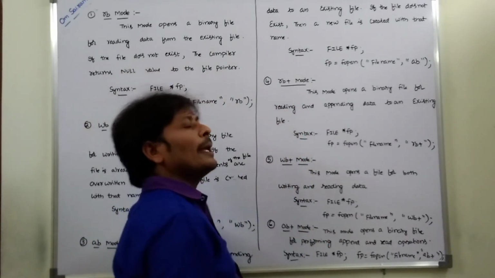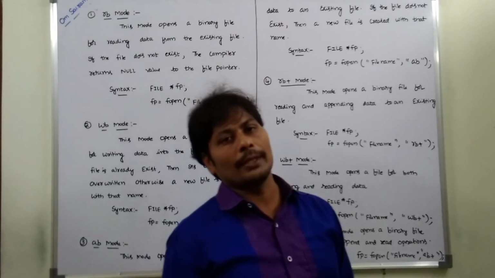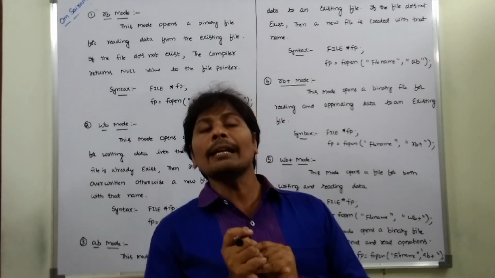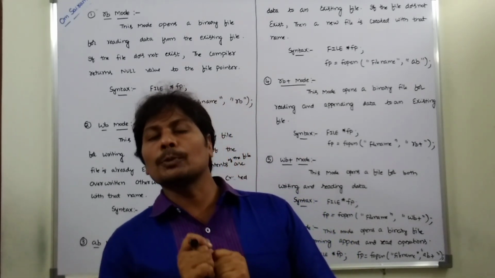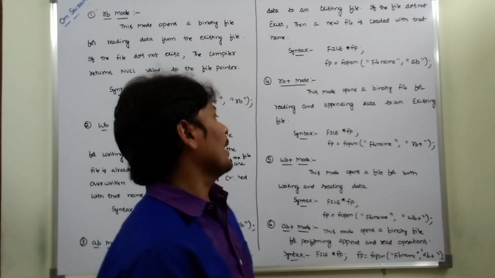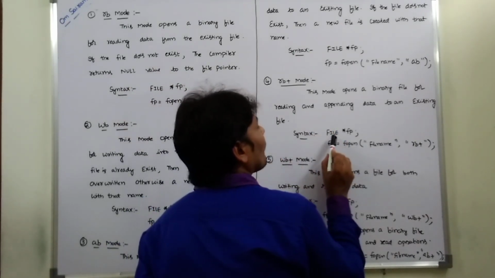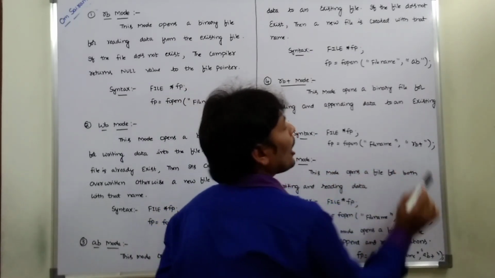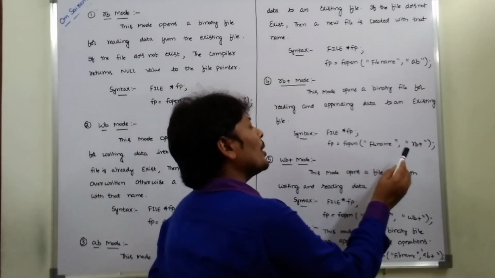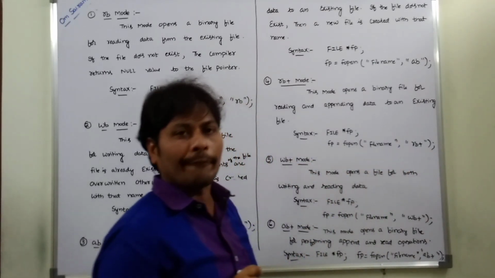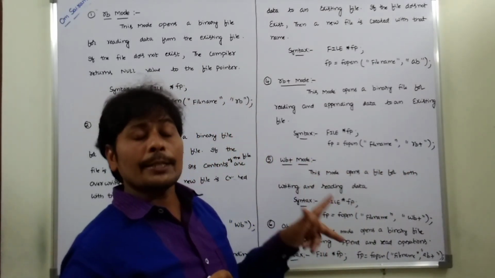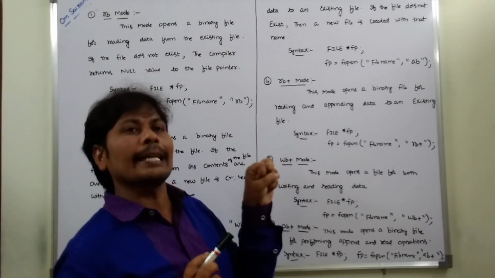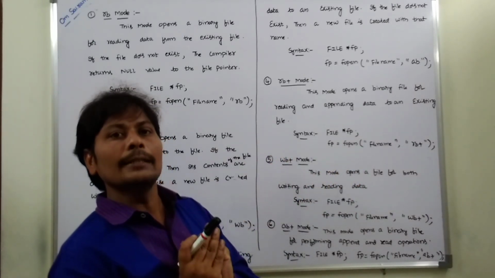Next one is RB plus mode. This mode is used for performing reading and appending data to the existing file. What is the syntax we have to use? File pointer fp, fp is equal to fopen file name RB plus mode. This mode opens a given existing file. First we have to perform the read operation, reading the existing data in the file.